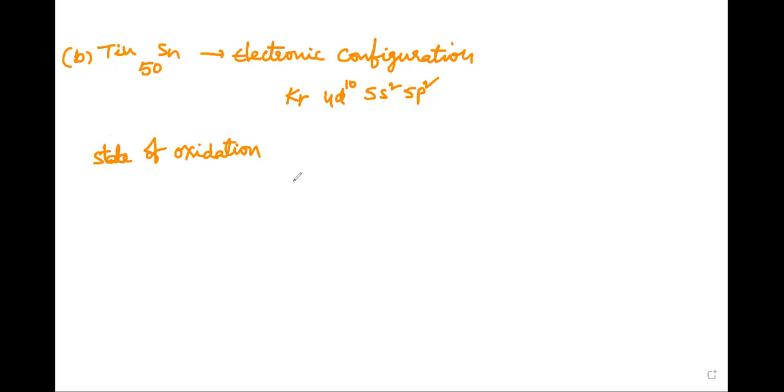First, Sn plus 2 means Kr 4d10, 5s2, 5p0, which loses 2 electrons, so the state of oxidation is 2.